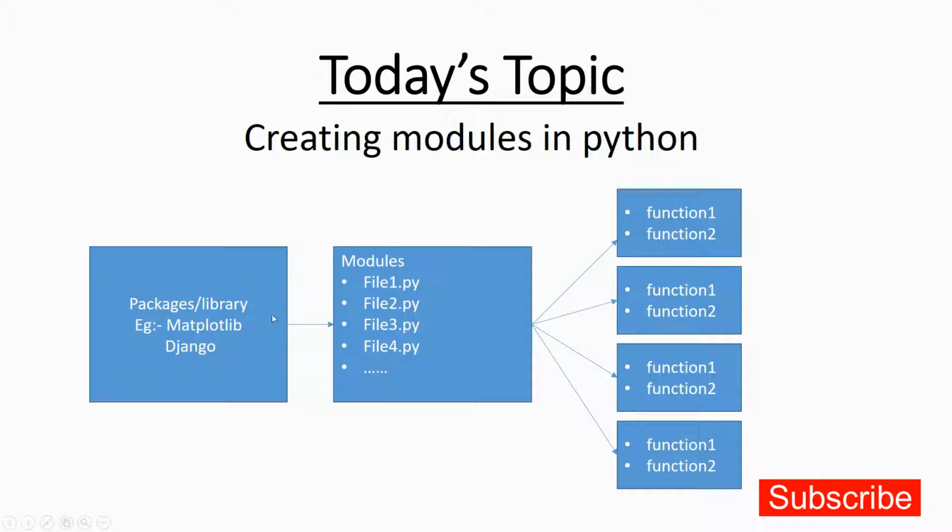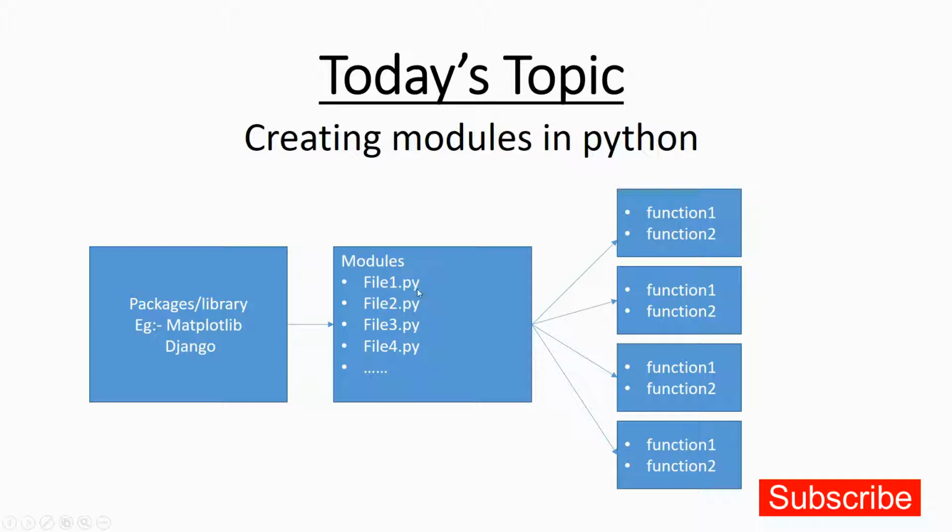So packages are basically folders, and these folders contain the modules. Now there can be many modules, so maybe matplotlib has many module files. These are basically Python files. Every package has its set of modules, and then these modules have a set of programs.